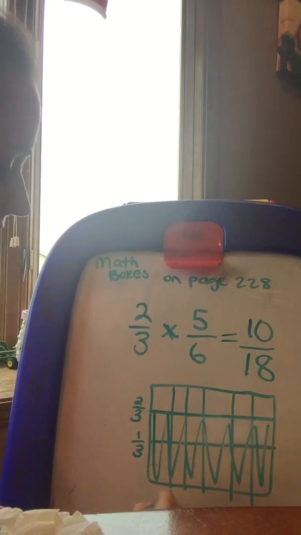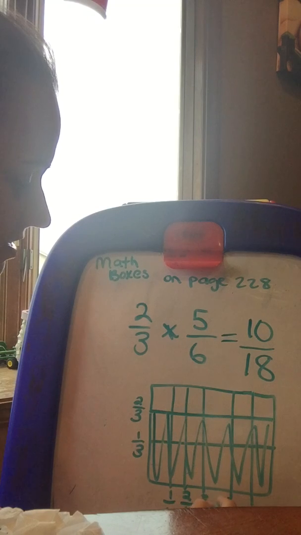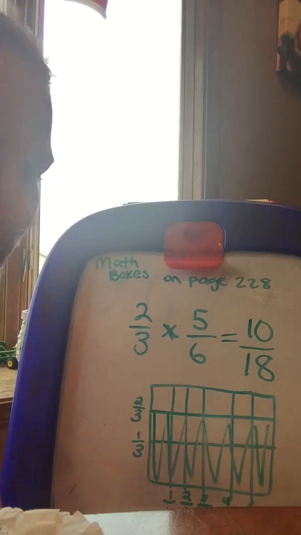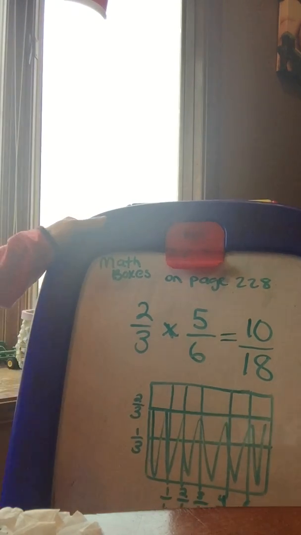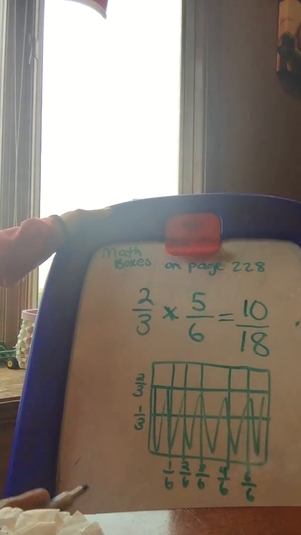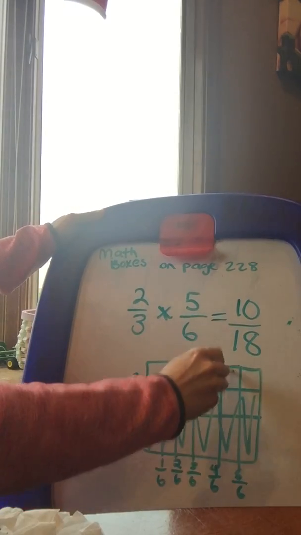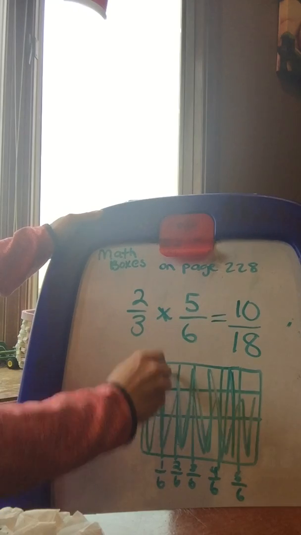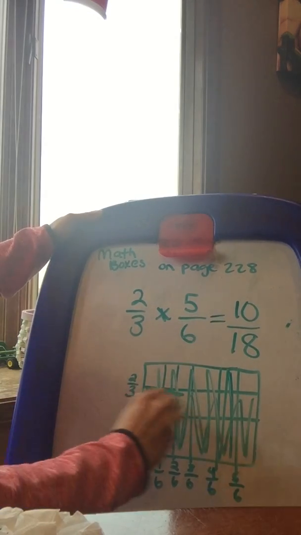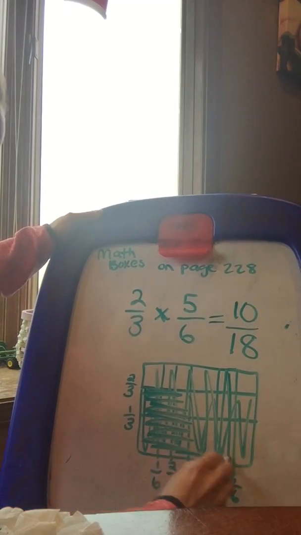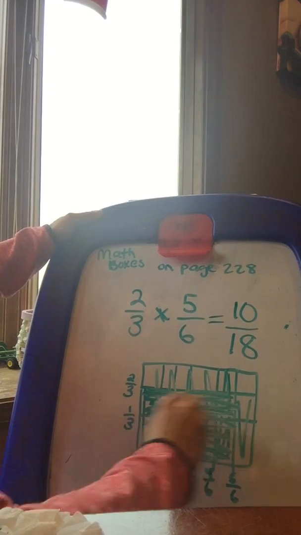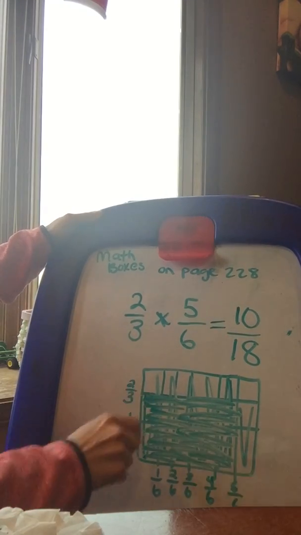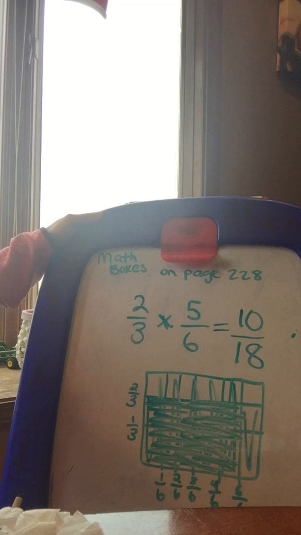And then I have 1/6, 2/6, 3/6. Sorry if you can't see these at the bottom. And 5/6. I'll try to tilt it up as best as I can. I'm going to shade in 5/6 right here. And these squares that got double shaded in are the ones that end up being the answer, which ends up being 10 squares.